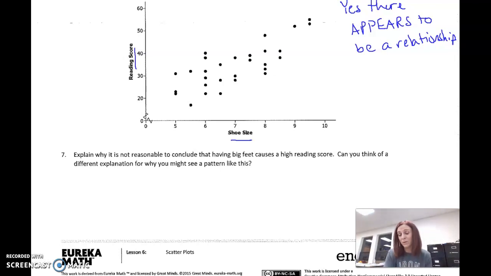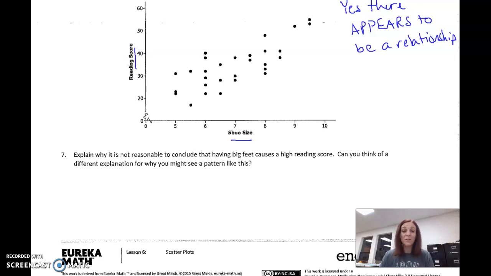Us, for example, have elementary school kids preschool through 5th grade. Who has the biggest feet? The preschoolers or the 5th graders? 5th graders. Do you think 5th graders are going to read better than preschoolers or kindergartners, 1st graders? Yeah. So maybe it has nothing to do with their shoe size, but with the fact that they're older students who have had more practice reading.